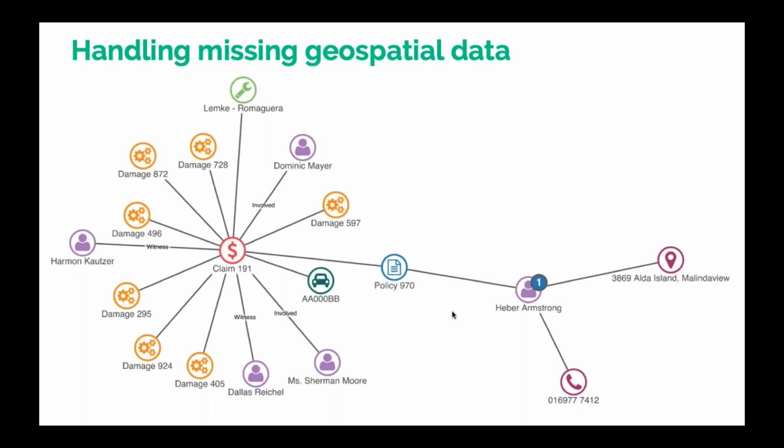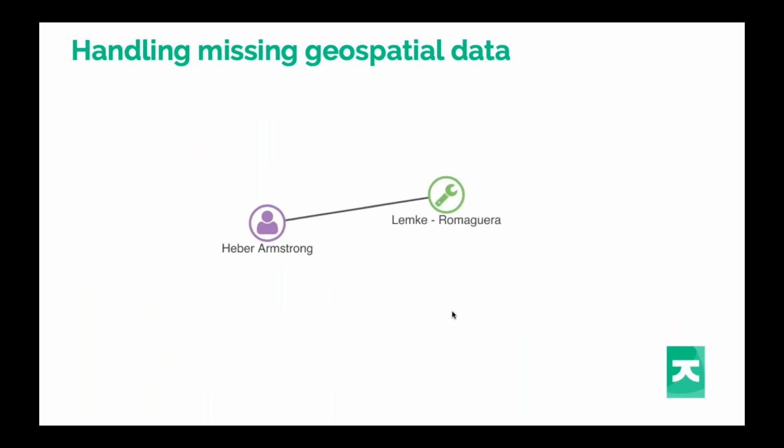So one thing you can do in this situation is modify your visual model. We did a whole webinar on this topic a little while back, which we definitely urge you to take a look at. But in this case, what we're going to do is do 2 things. Let's first of all make a link between the person and a garage if a person made a claim where the damages were fixed by that garage.